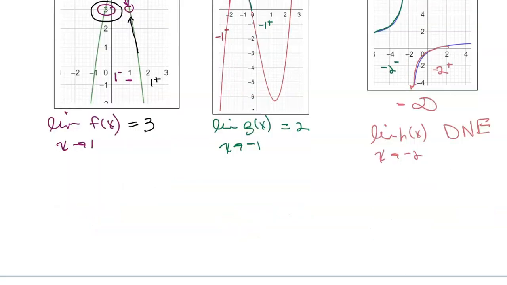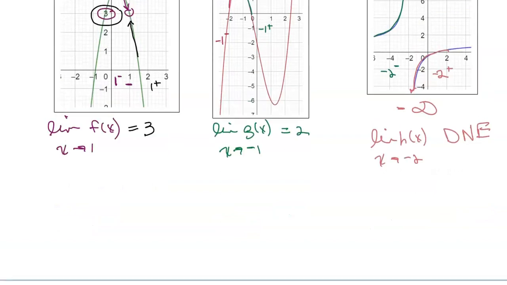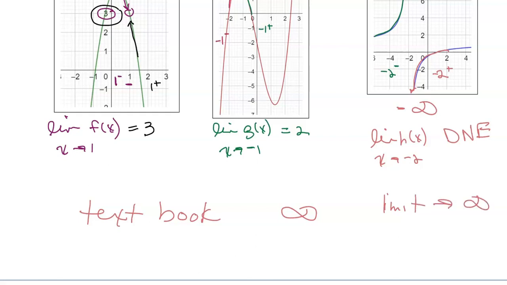Okay, so a word about this. I'm going to use the terminology that if you do not approach a number, your limit does not exist. Well, will I do that? Well, let me go with the textbook. Our textbook says this, that if from the left and the right you approach infinity, they say the limit approaches infinity.